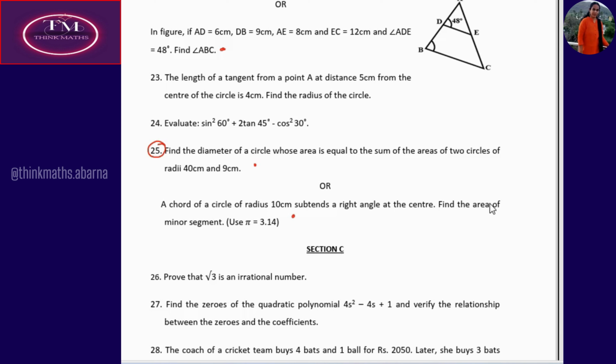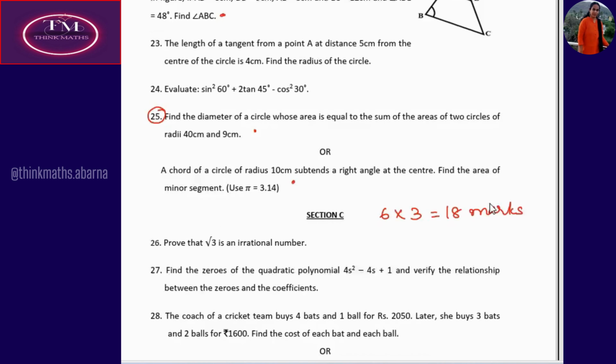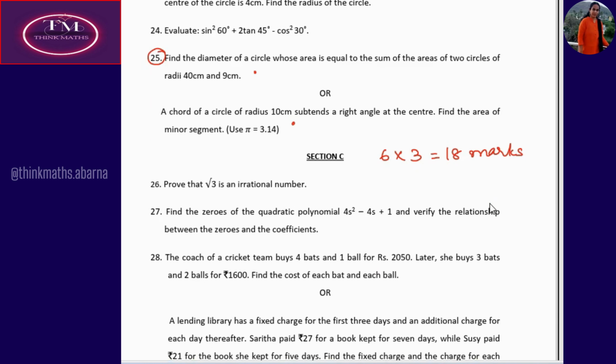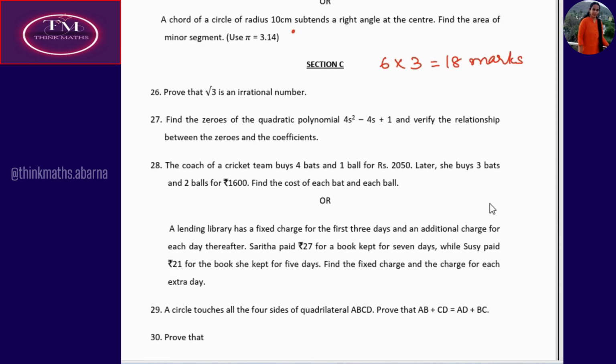Now moving on to section C. These are 3 mark questions. In this we have 6 questions, each carrying 3 marks, so we have 18 marks in section C. 26 is compulsory, 27 is also compulsory.